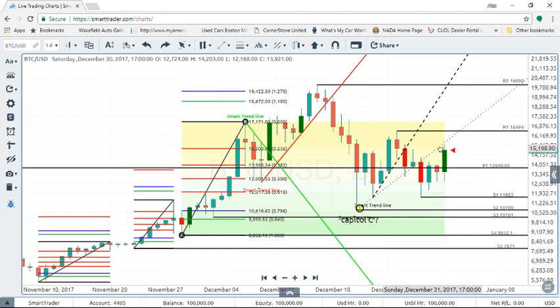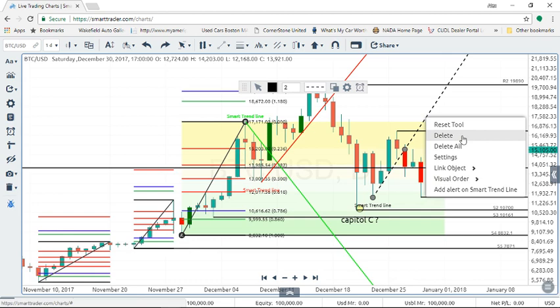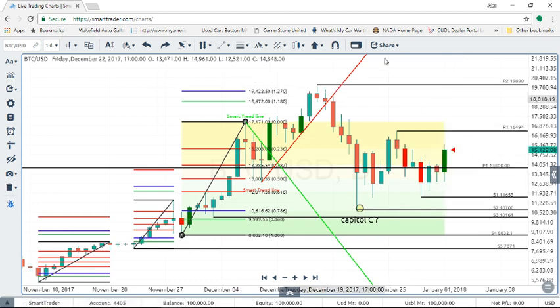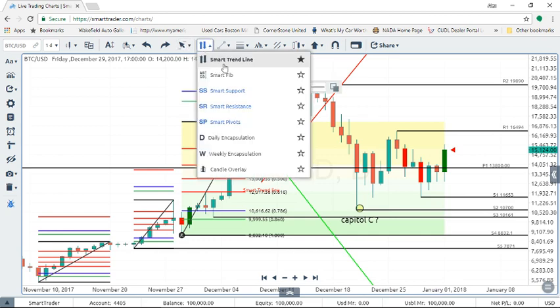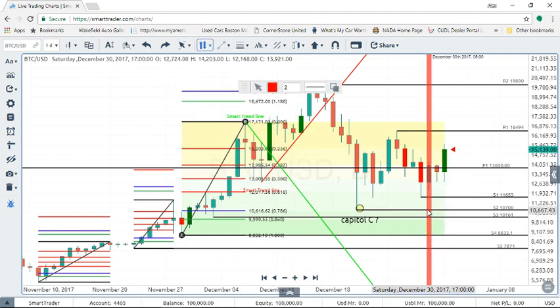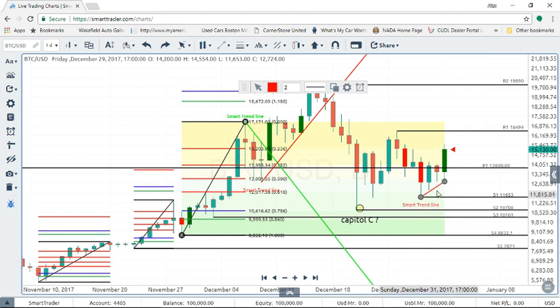Something I'm going to do right now is probably draw some new support, or maybe another counter trend line, maybe this way, because it looks like this is running bullish. Yeah, there it is right there.